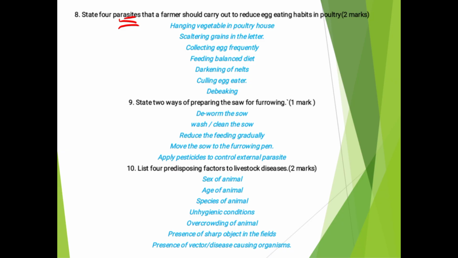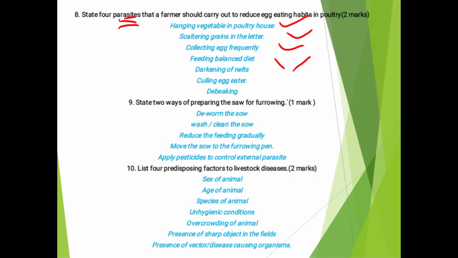Number 1, you can hang vegetables in the poultry house so that you keep the poultry busy, and you can also scatter grains in the litter so that the chicken will be kept busy scratching, looking for the grains. Then you should also collect the eggs frequently.